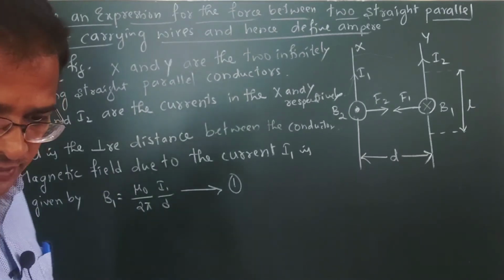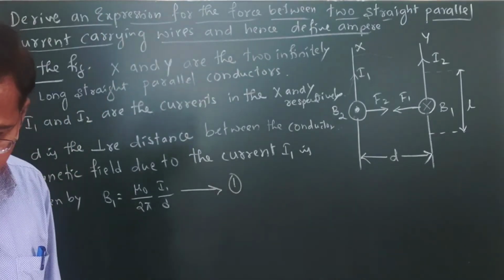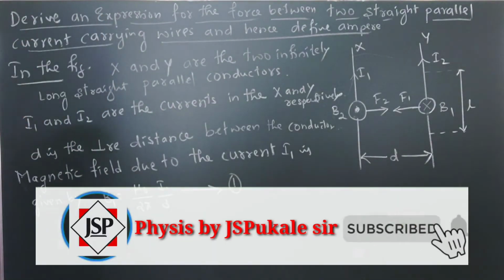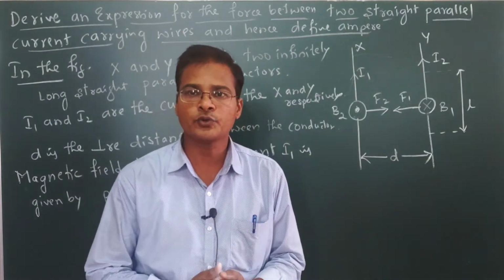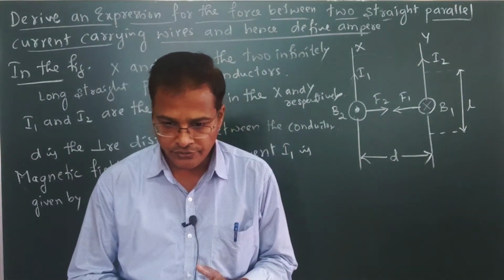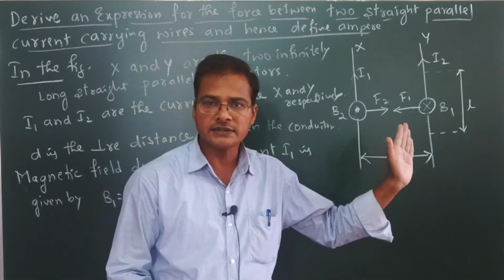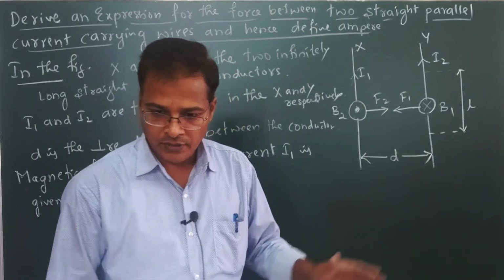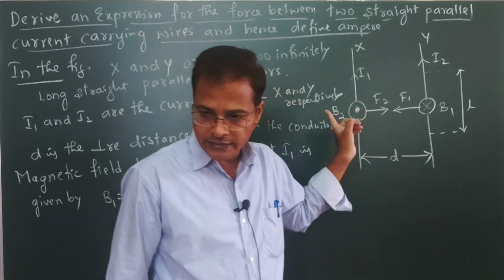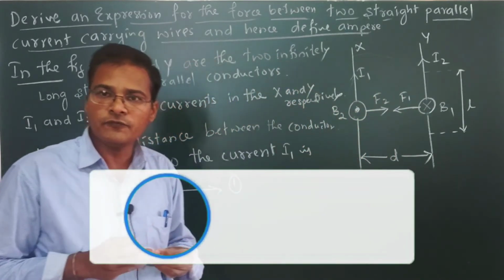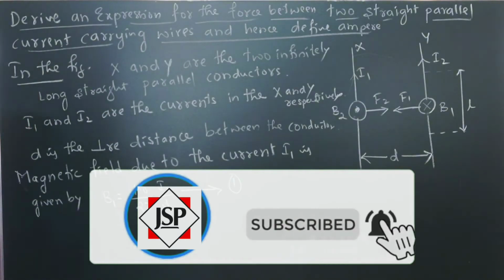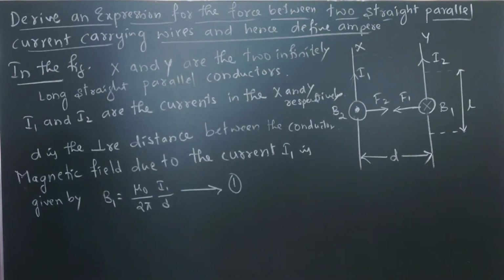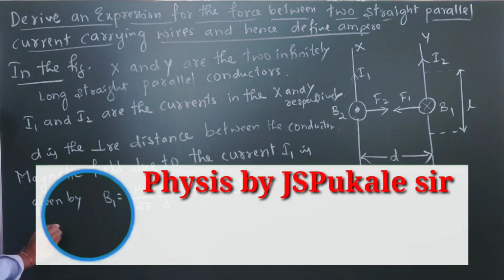Now the direction of B1 and B2 is found using the right hand thumb rule. The conductor Y lies in the magnetic field B1 and hence experiences some force.